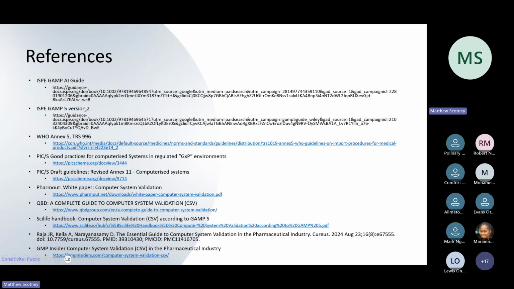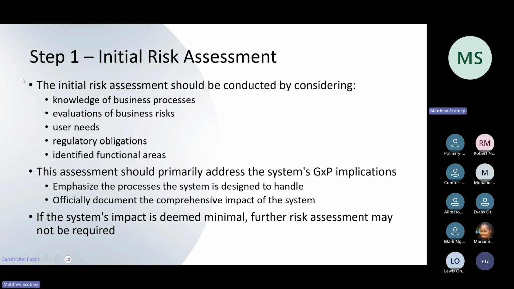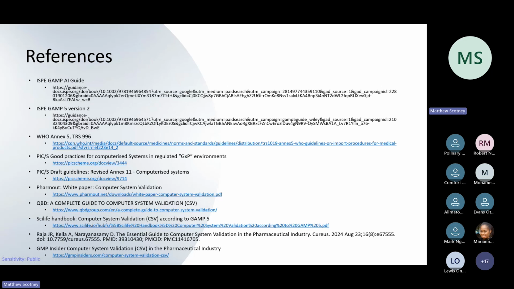Again, I would look with the organization you're working with to acquire the GAMP5 version 2, and even the new guide, which again is extremely good, GAMP, on how you validate AI systems. The other parts of the system, this is risk assessment, so I'm not going to go into that, but all of that information is there in the background.